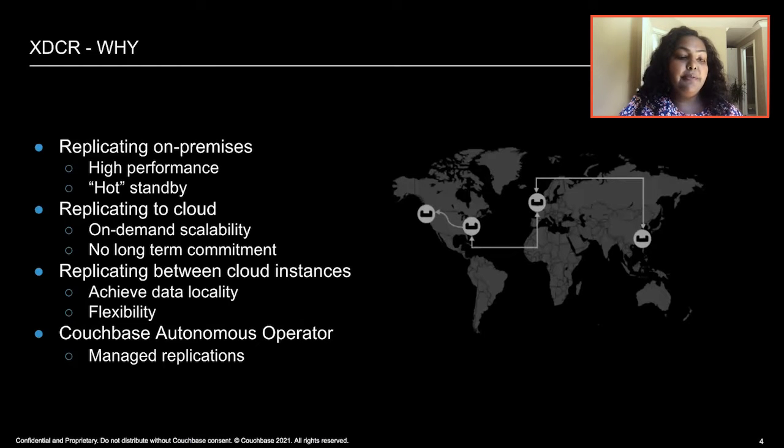And if you want to do replication to a cloud, that is still possible. So the advantage of replicating to the cloud from an on-premise resource is you can do on-demand scalability on your target cluster based on your loads, and there is no long-term commitment.